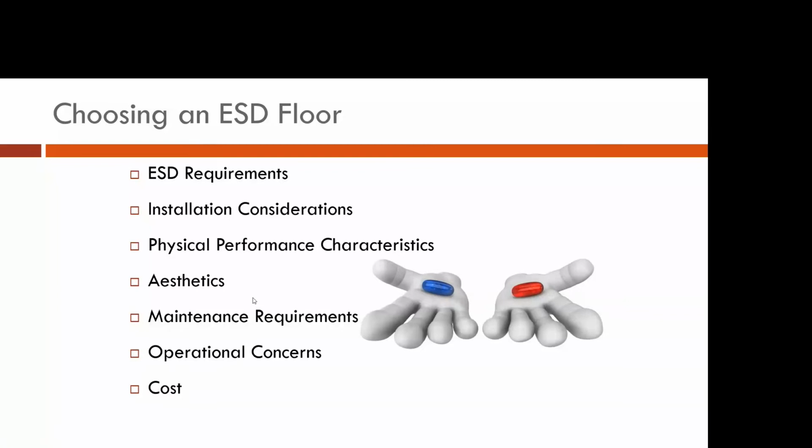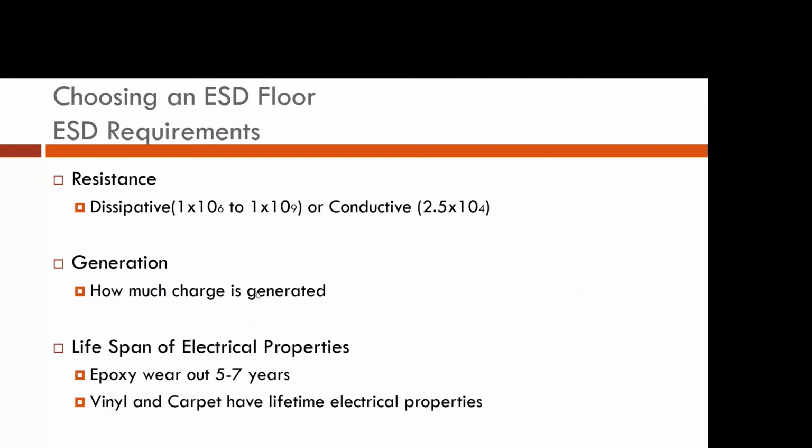So when you're choosing an ESD floor, first thing you need to know, what are your requirements? So what is it going to be? Dissipative or conductive? And again, remember, our rule of thumb is the more sensitive the equipment that you're working on, the more so you would go with conductive. The less sensitive, the more you're going to lean towards dissipative. Static generation, we know that all ESD floors, true rated ESD floors, generate less than 100 volts when the operator is walking on the floor, or you have equipment rolling across, or chairs or carts rolling across the floor.